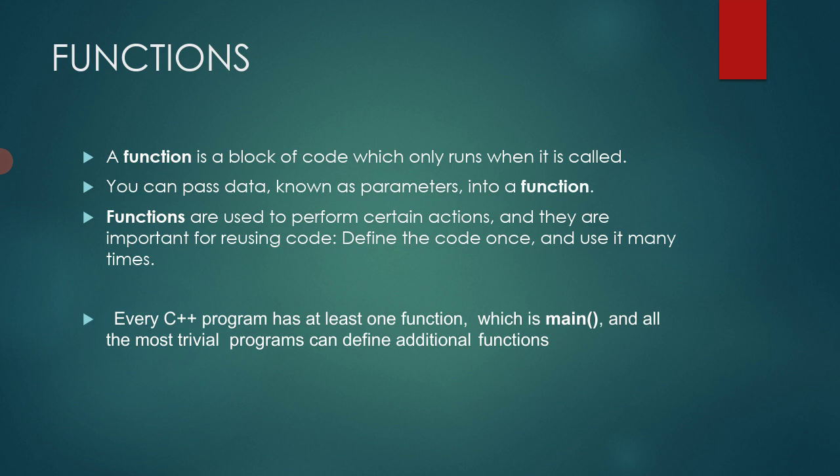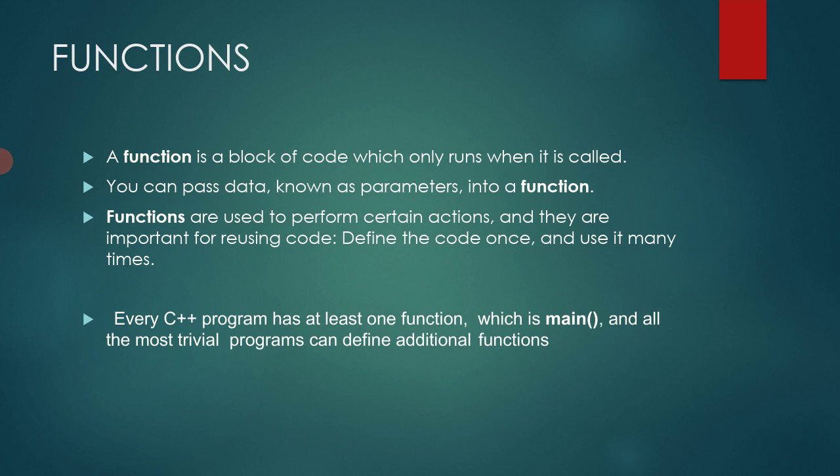Every C++ program has at least one function, which is the main function, and most trivial programs can define additional functions. Students, when I explained your programs, I explained that we make use of void main function. So main is a function, and we mostly use that function in each and every program.